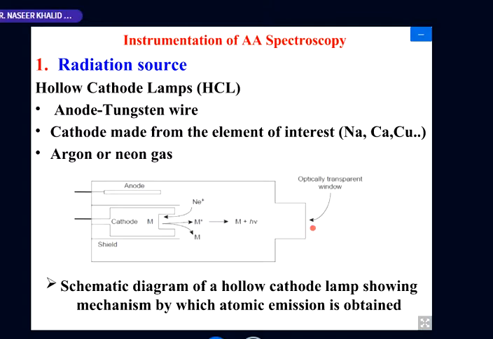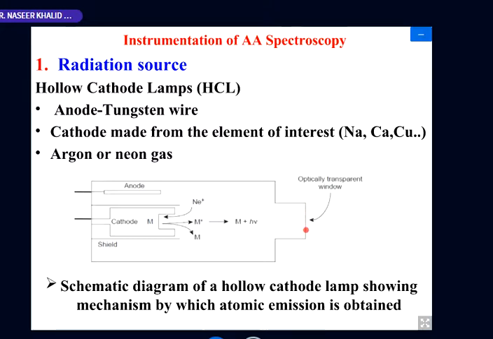This is transparent. When we say transparent, this is transparent with respect to spectroscopy. Transparent means this is transparent to the UV visible region. It means that the UV visible region will not be interacting with the material of this window.